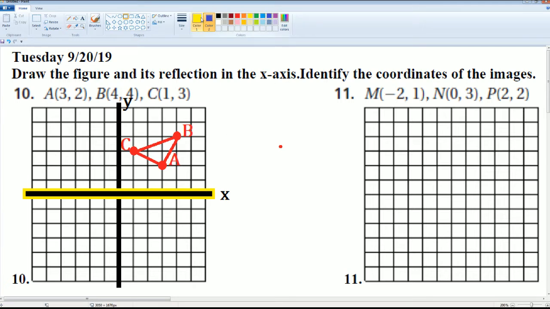Now I'm going from the point A. I grab a point, so I'm here at A, and I go to the line of reflection. Am I going left? No, that's not where the line of reflection is. Am I going right? No. Am I going up? No. I'm going what? Down. Do you see how I go down 2? If I go down 2, that means I also have to go down 2 on the other side.